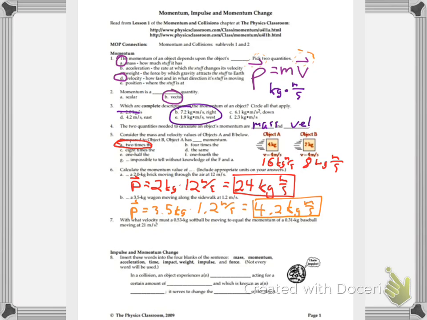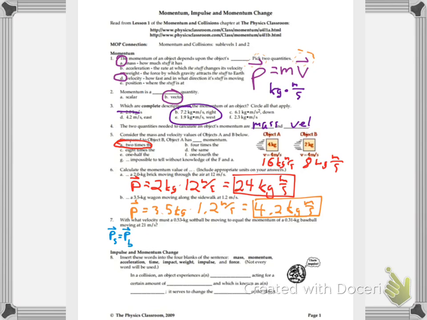Number 7, what velocity must a 0.53 kilogram softball be moving to equal the momentum of a 0.31 kilogram baseball moving at 21 meters per second? So this means, right, that these two momentums need to be the same. So if our two momentums need to be the same, that means that the momentum of the softball will equal the momentum of the baseball.